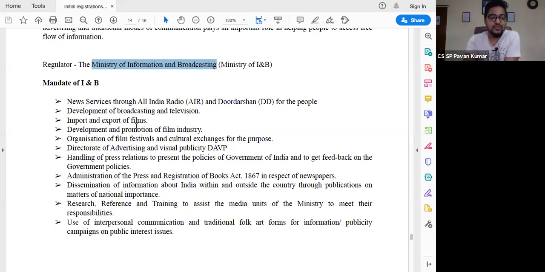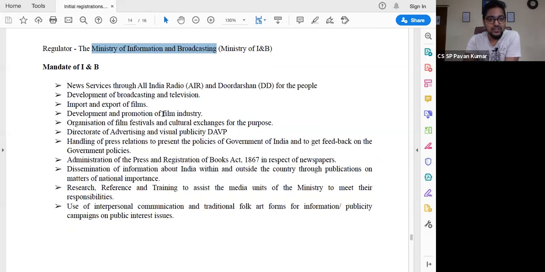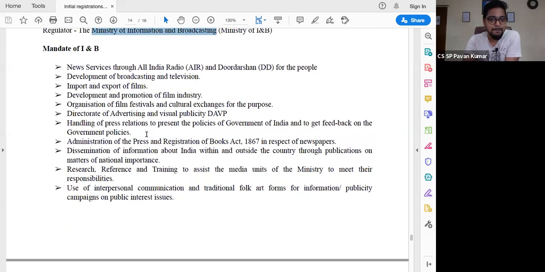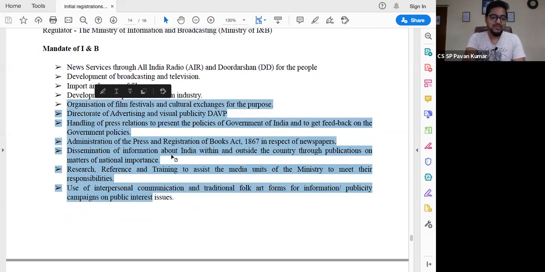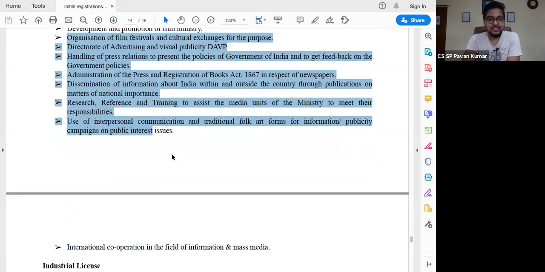So import or export of movies, development and promotion of the film industry, organizing film fest and film fair functions, cultural events. All these things are basically under the control of the Ministry of Information and Broadcasting.